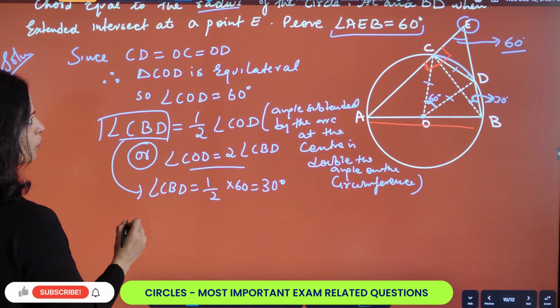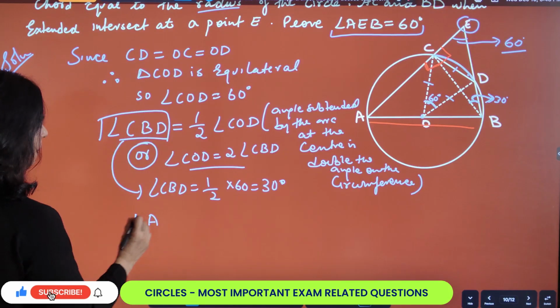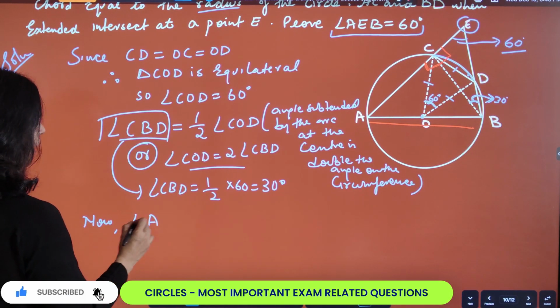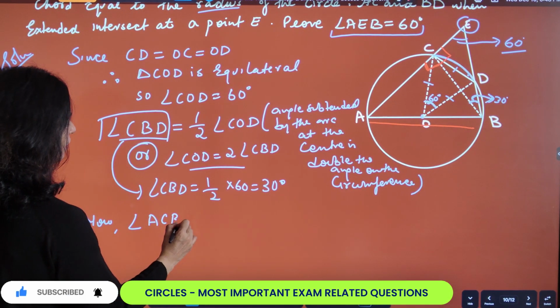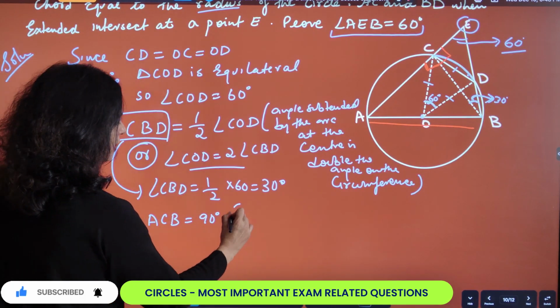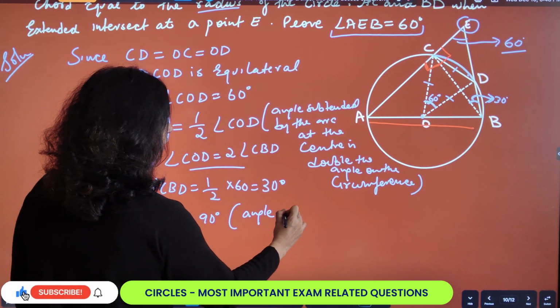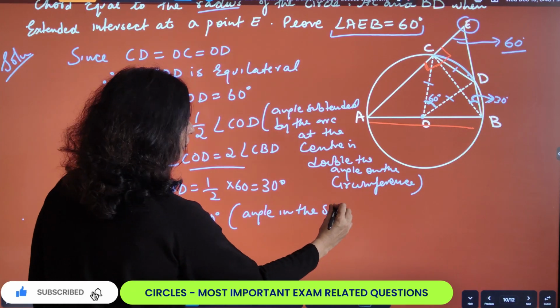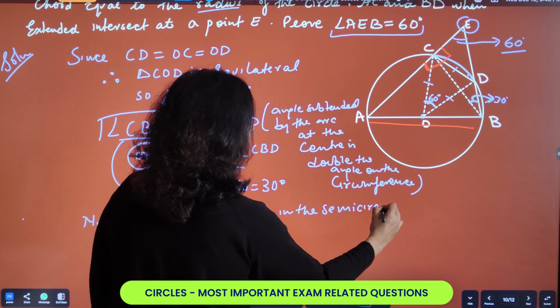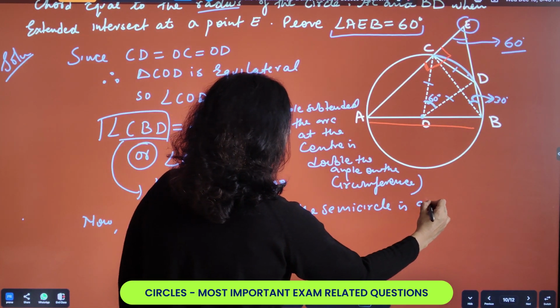I'll show you. So angle ACB is equal to 90 degrees. Reason: angle in the semicircle is 90 degrees.